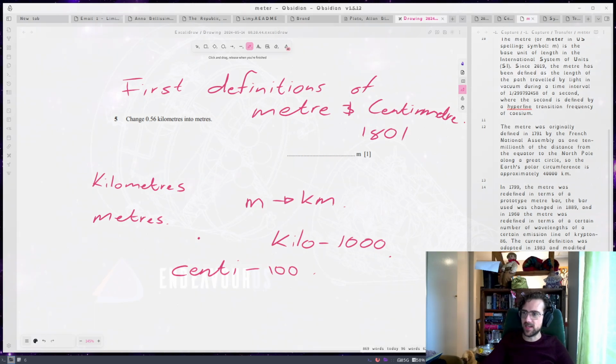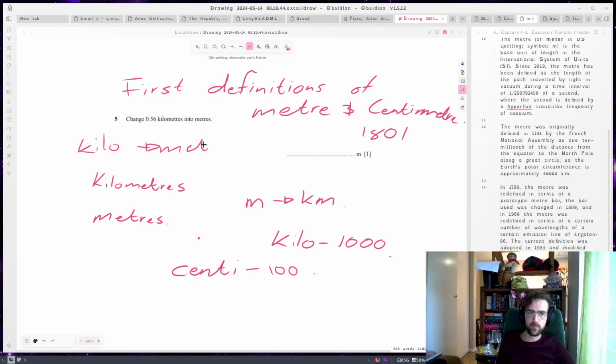I'm kind of bored with that deep dive now, so let's just jump into the actual question. So change 0.56 kilometers into meters. Okay. So to get from kilometers to meters, okay, 1 kilometer is 1,000 meters.